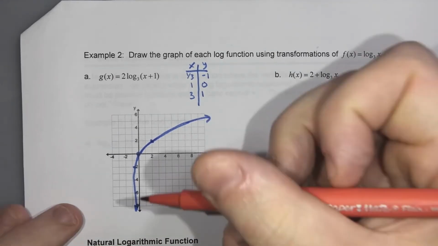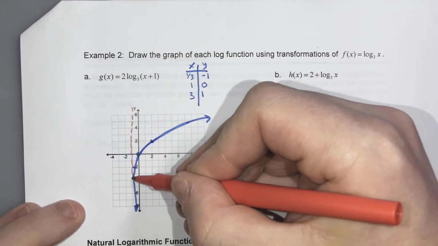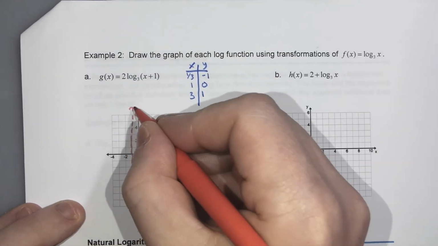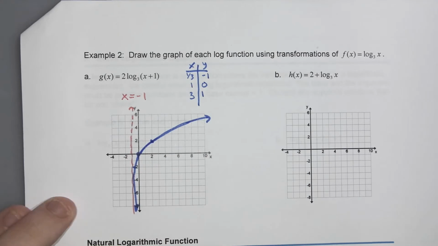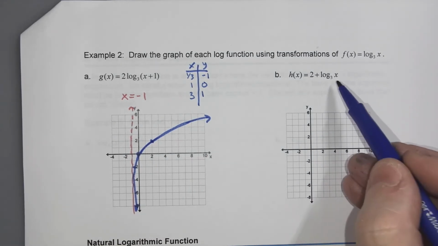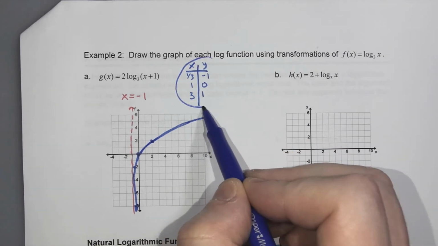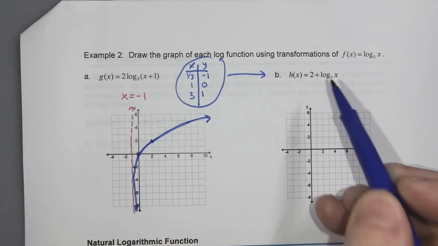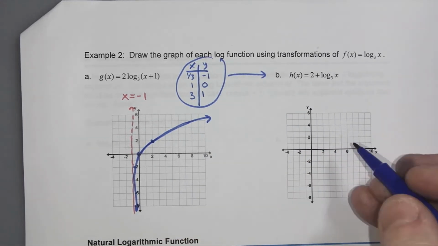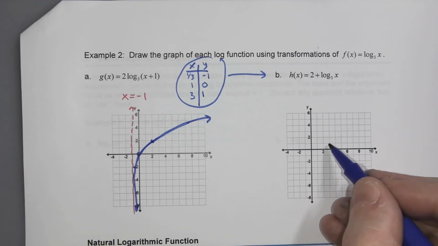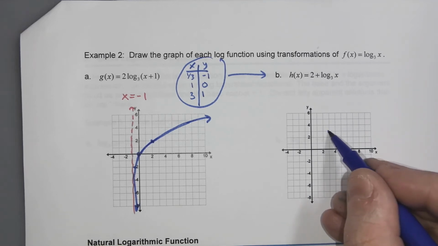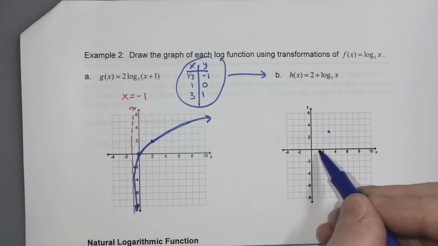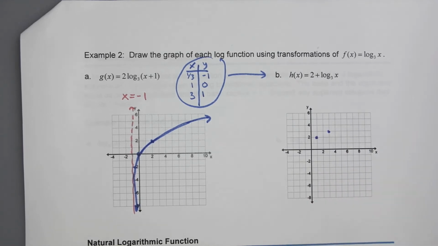Notice its asymptote is no longer at x equals 0. Its asymptote is now at x equals -1. Similarly over here, this is the log base 3 of x graph, same parent graph, but now shifted up 2. So (3, 1) up 2 becomes (3, 3). (1, 0) up 2 becomes (1, 2).